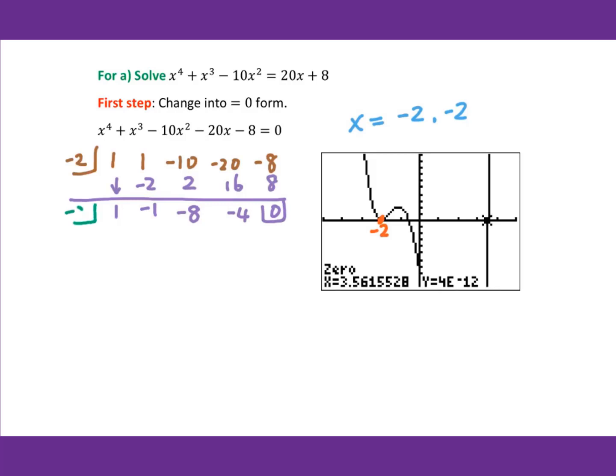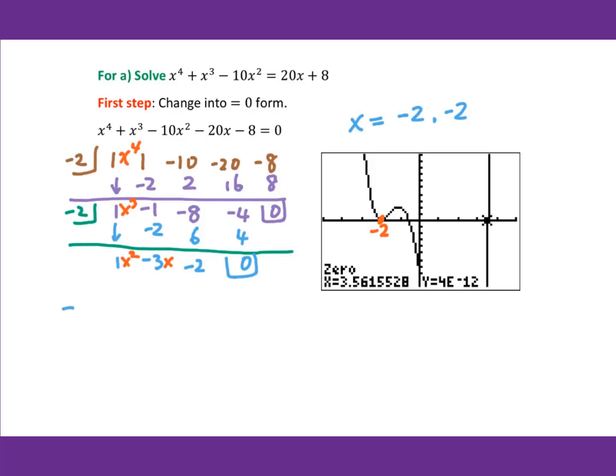Then we do -2 again. You will get 1, -2, -3, 6, -2. So 4, you got this 0. Then this is x to the 4th, x to the 3rd, x squared, x, then -2.